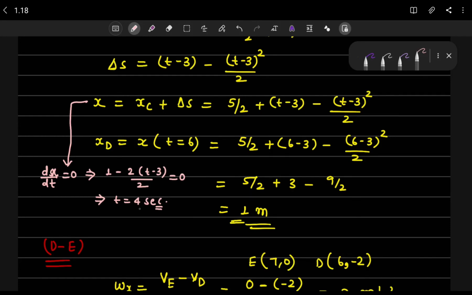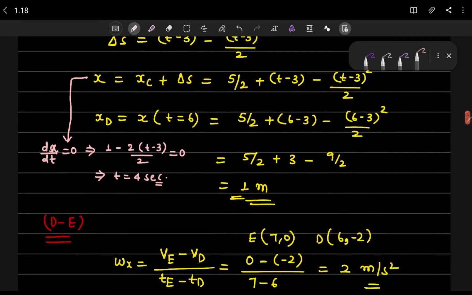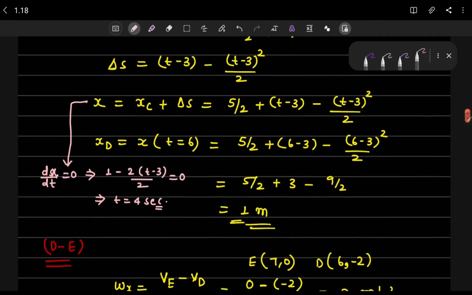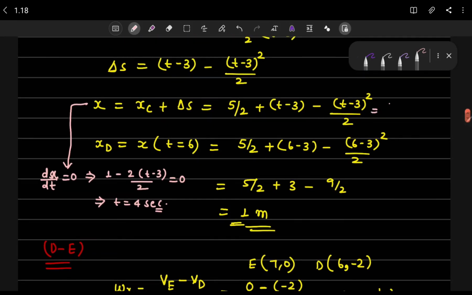Okay, and what is the value of that position? If we substitute here t is equal to 4, then we can get 5 by 2 plus 1 minus 1 by 2. Okay, so the value we will get here is 3 meter.